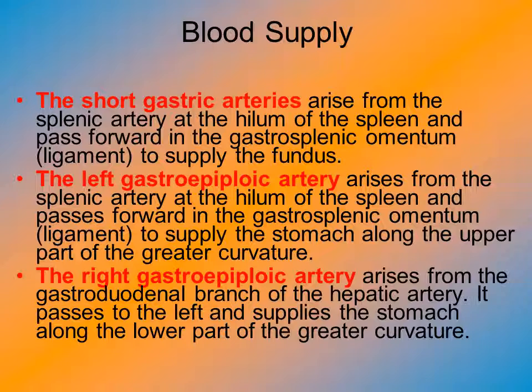Number 3, the short gastric arteries arise from the splenic artery at the hilum of the spleen and pass forward in the gastrosplenic ligament and supply the fundus. Number 4, the left gastroepiploic.